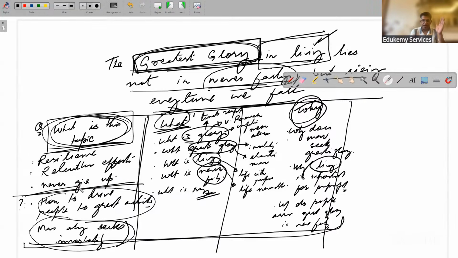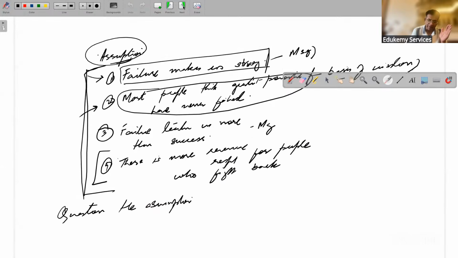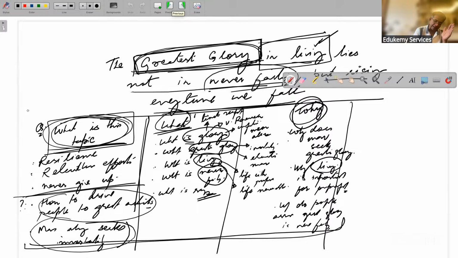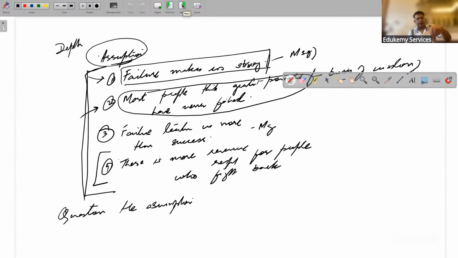And when I come here, I'm entering the depth. The previous was me expanding. This is exploring the width of the essay. I'm gauging the width. Now we are going a little deeper: tell me the assumptions.